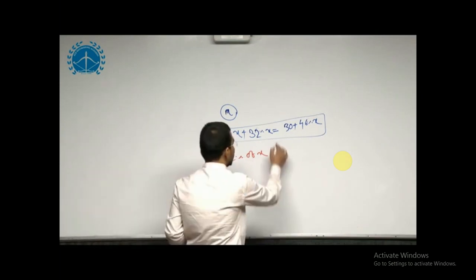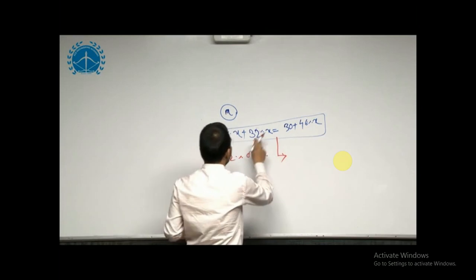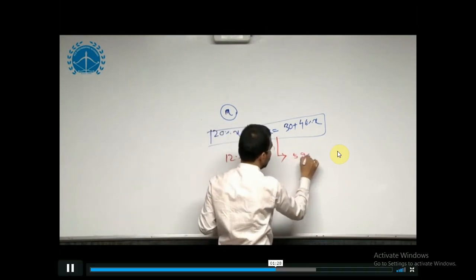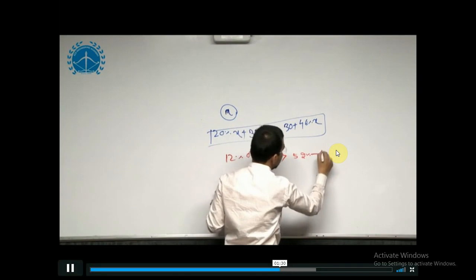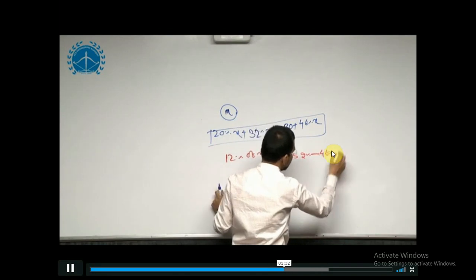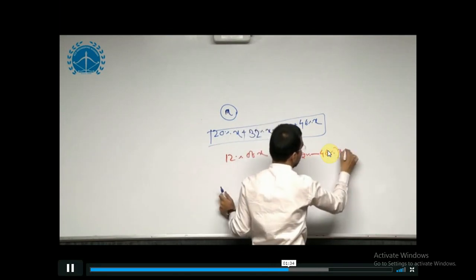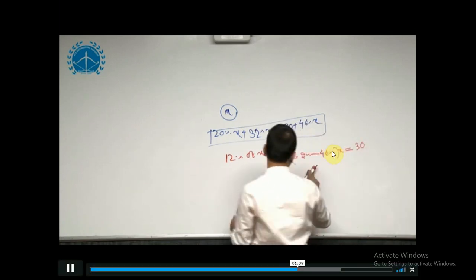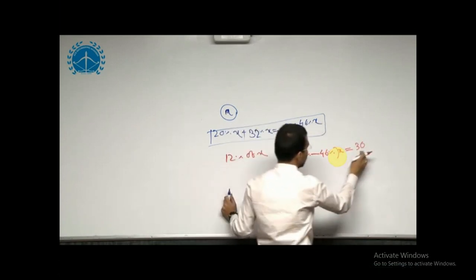So from this equation what I can write is: 20% plus 32% is nothing but 52% minus this 46% of x equals how much? 30. Then what I can conclude here, equals 30.